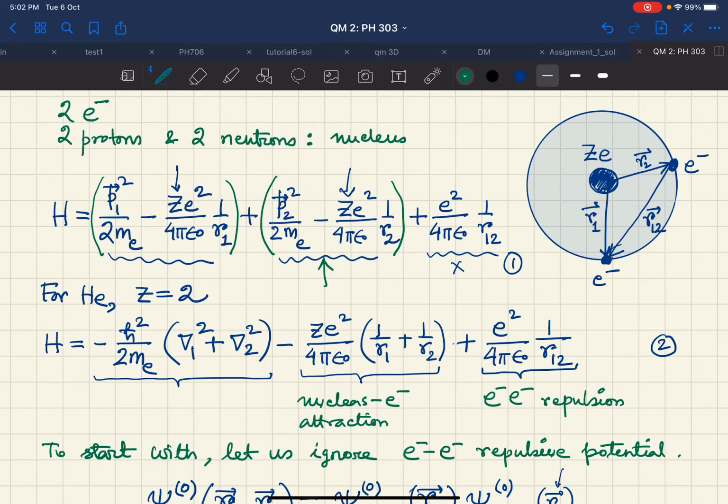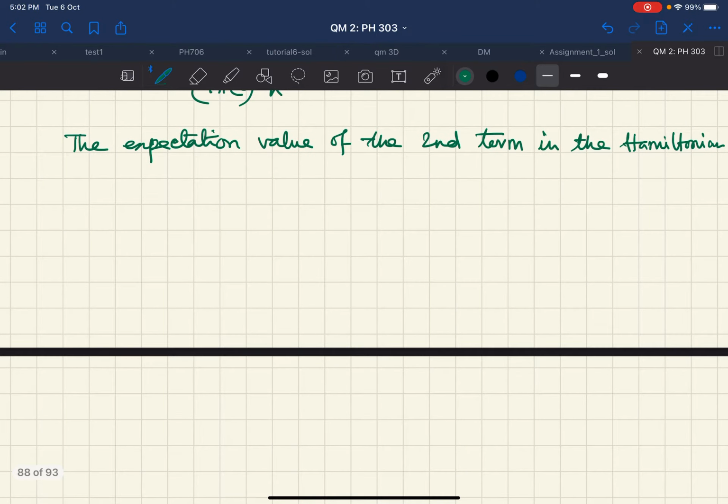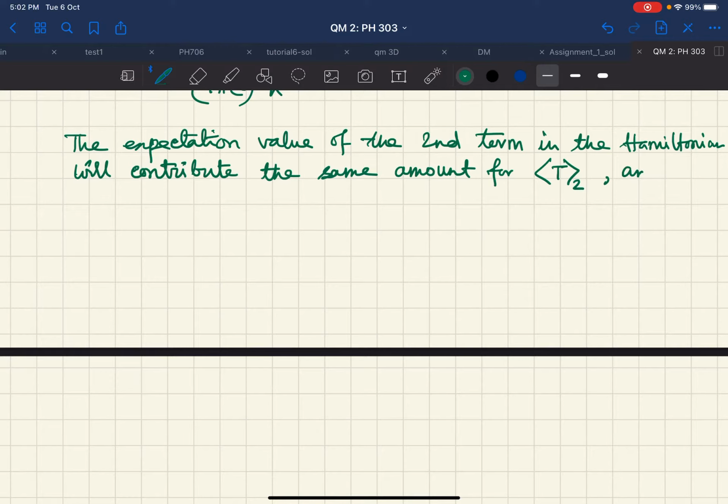So the second term in the Hamiltonian will contribute the same amount for T2 and V2. Therefore, we can just double the expression that we have obtained for our first electron.